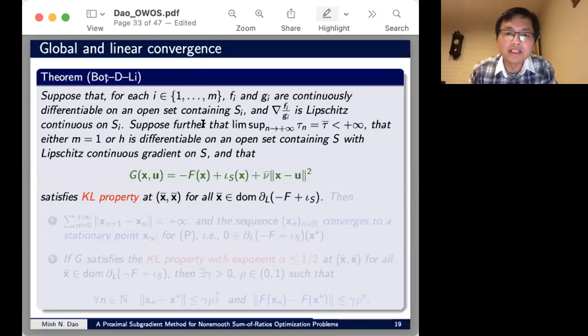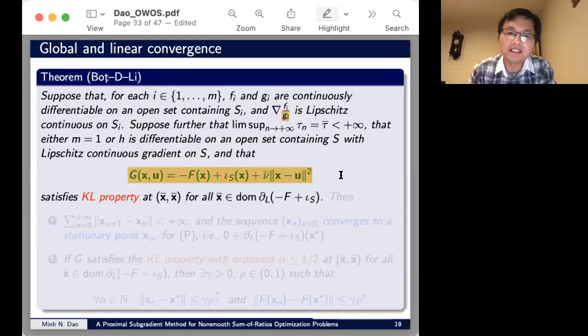So here we need the Fi and Gi to be continuously differentiable, and also the subgradient of Fi over Gi is Lipschitz. This function we call the merit function for our problem.